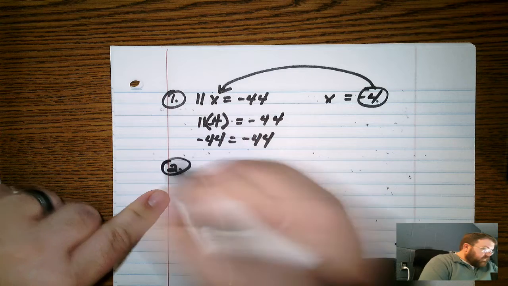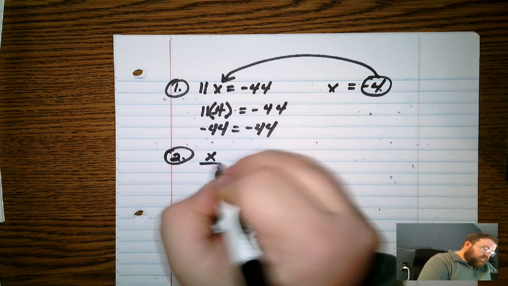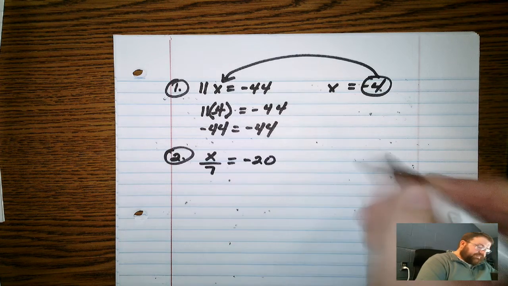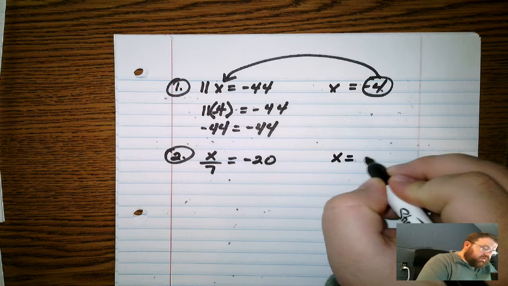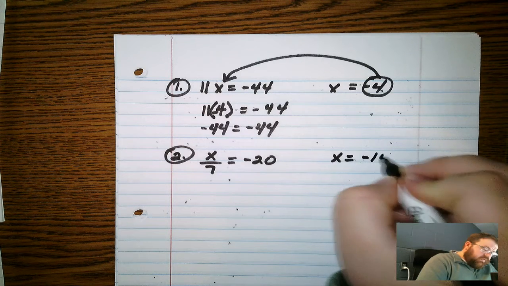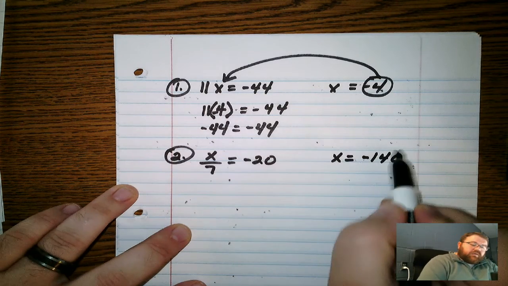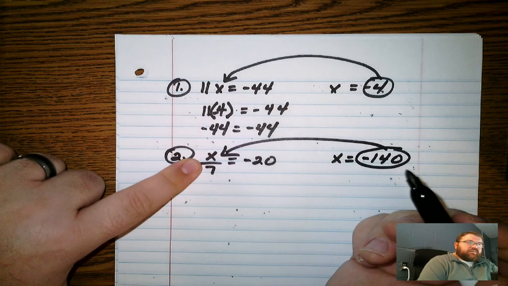Problem number 2 is x divided by 7 is equal to negative 20. And we got a solution of x is equal to negative 140. So again, I'm going to take the solution we got, substitute it in for x.